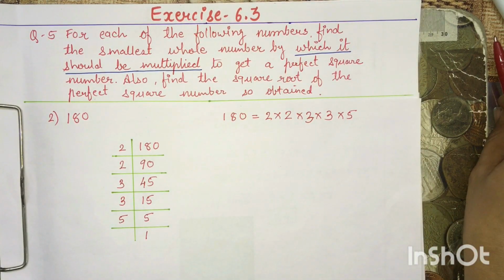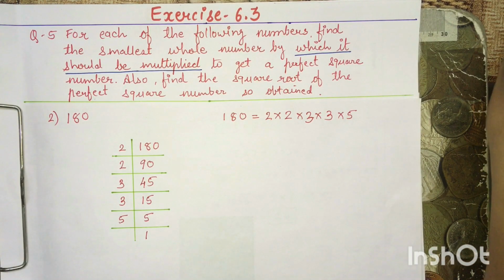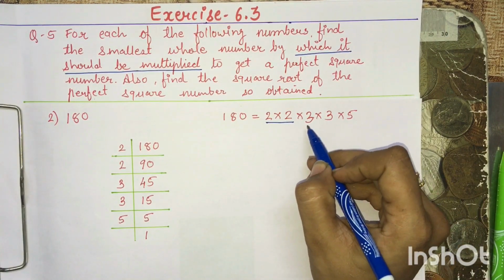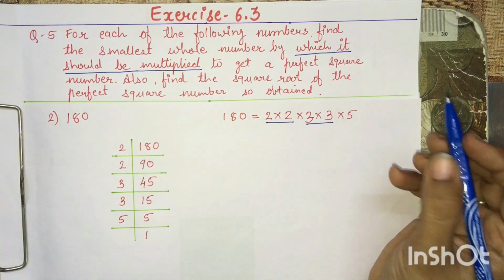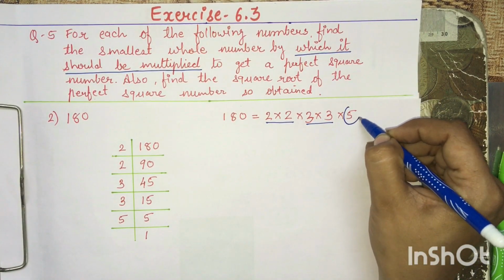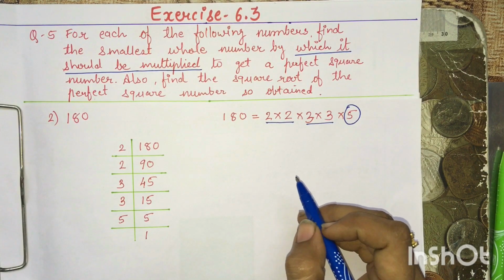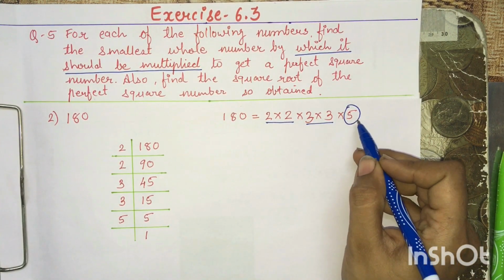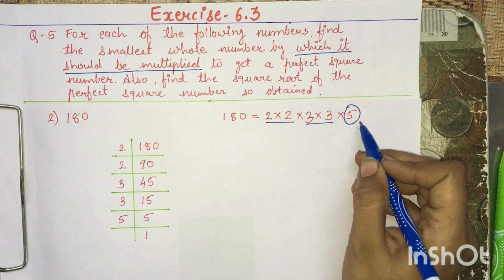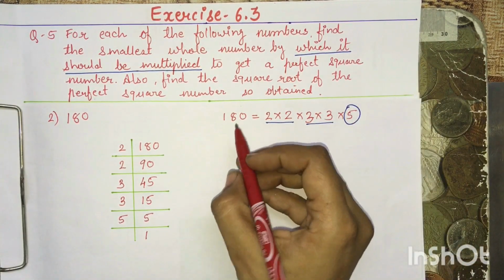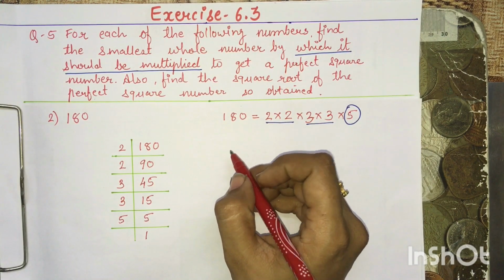So now if I pair these numbers, then two 2s are paired, two 3s are paired, and we have number 5 which is unpaired. So in order to pair this 5, what I need to do is multiply 180 with 5.